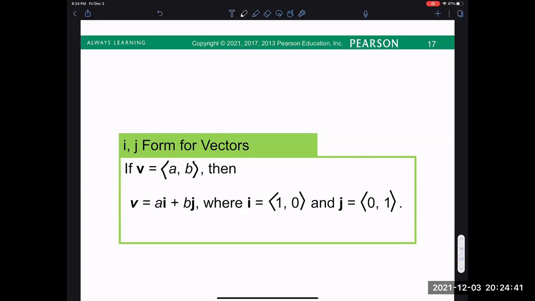So you can immediately translate the vector AB to A times I plus B times J. Why would we ever want to do that? That remains to be seen later, but we can do that.